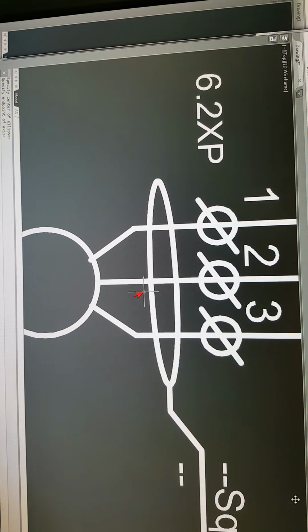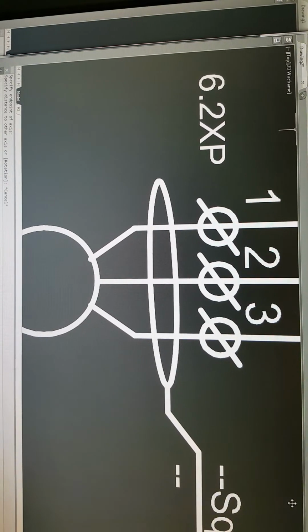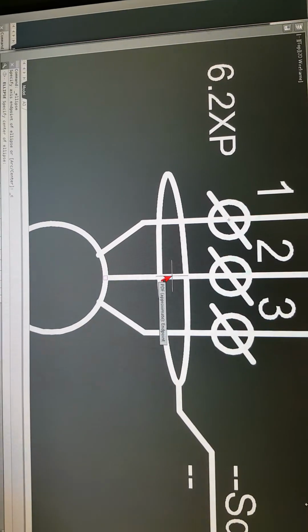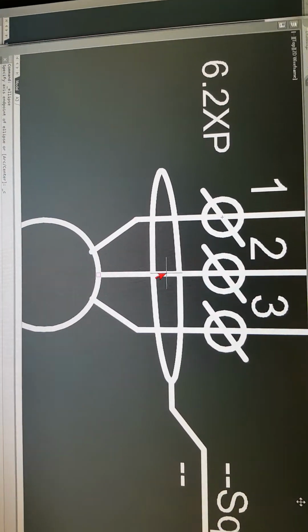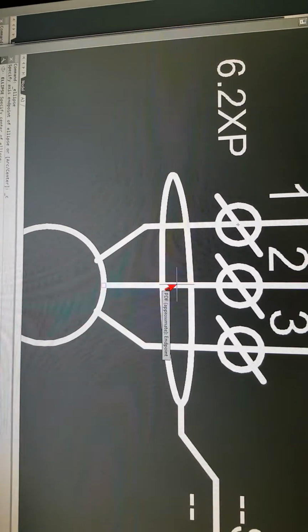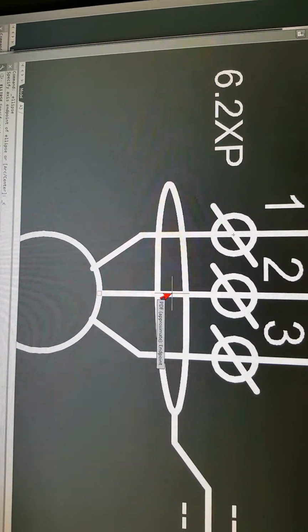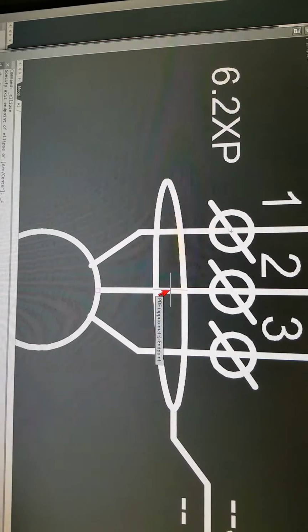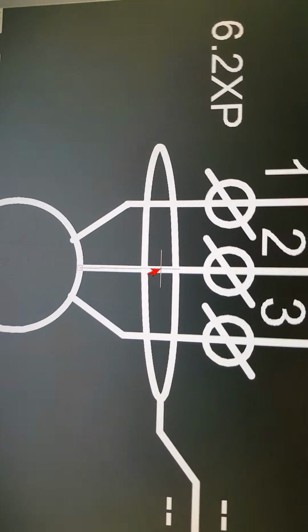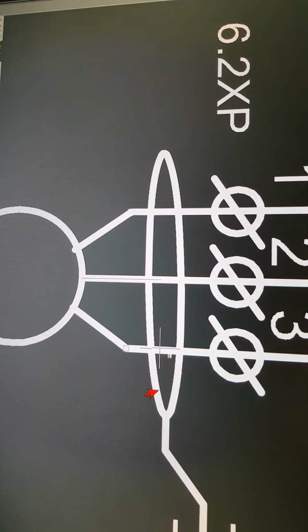It says specify the center of the ellipse. The reason is because this is not really perfectly horizontal. I'm going to hold orthogonal.